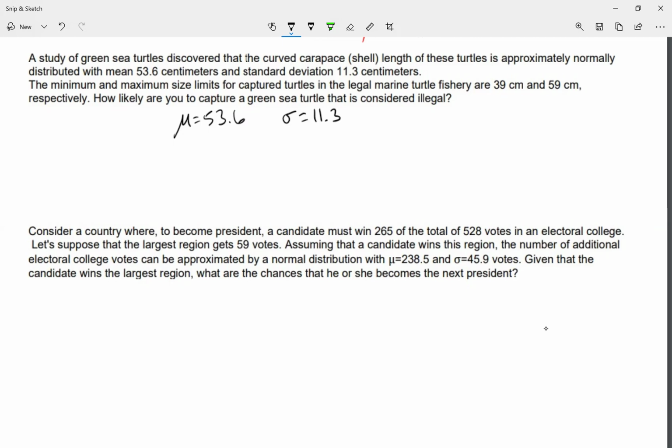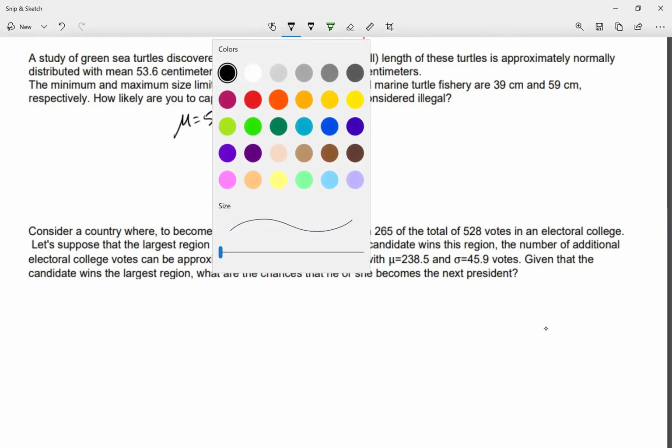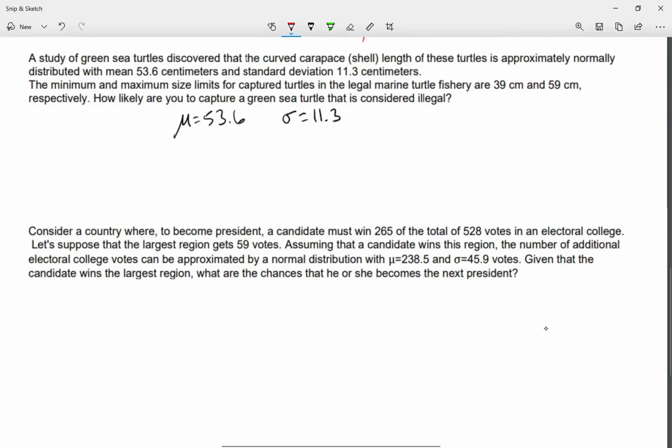How likely are you to capture a green sea turtle that is considered illegal? First of all, let me find out the probability that I do catch a legal sea turtle. My minimum is going to be my X1, and the maximum is going to be my X2. I'm checking two values here.